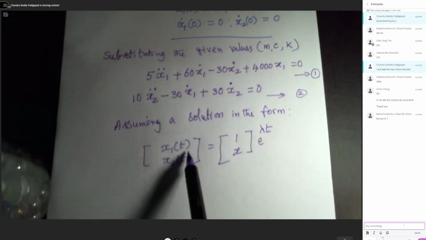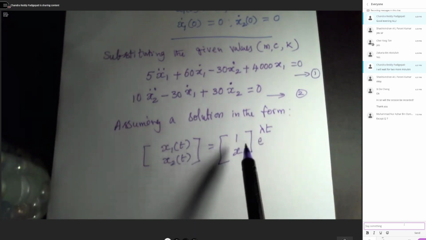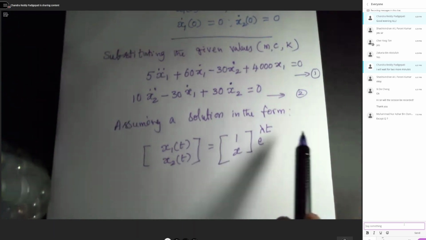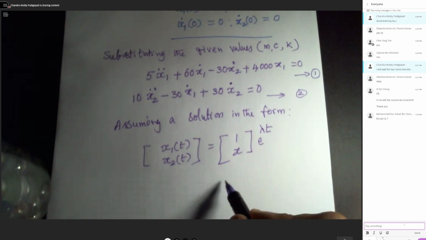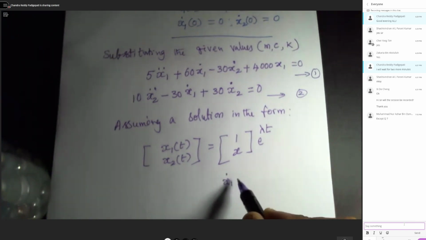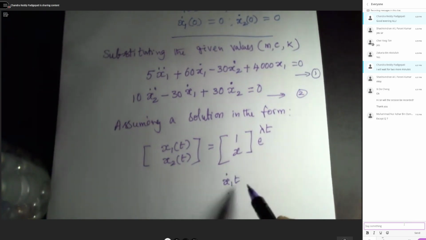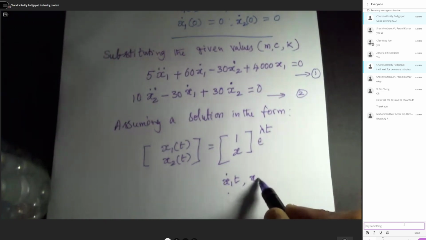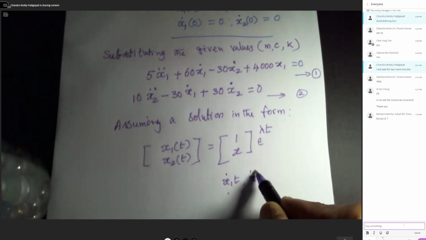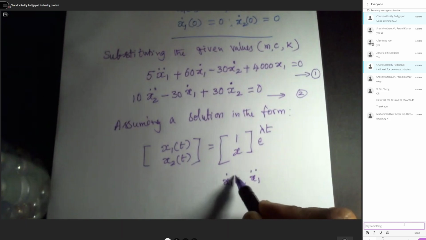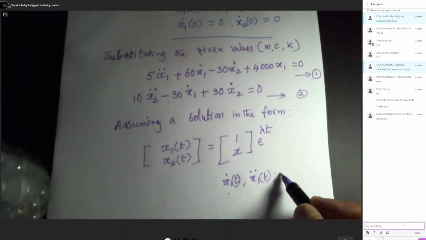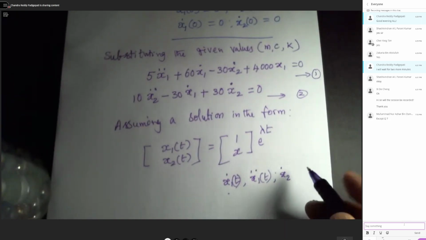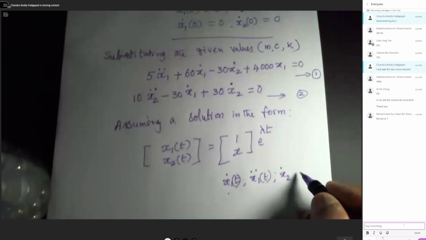Now we need to substitute these x1, x2 values into the equations. That means we need to take x1 dot, then write down x1 double dot, then x2 dot, and also x2 double dot.